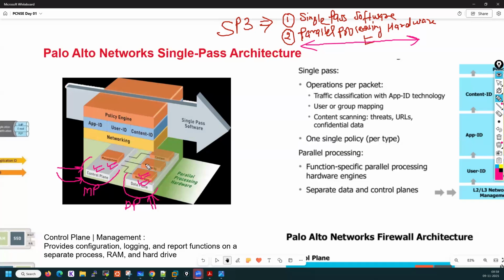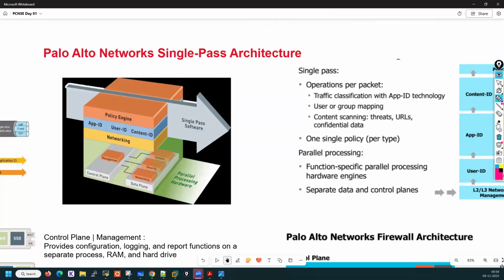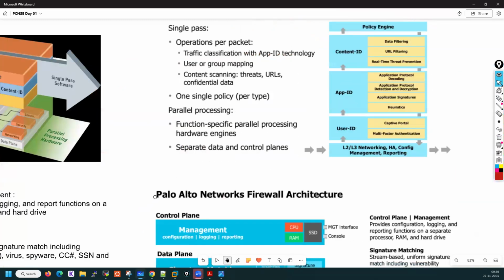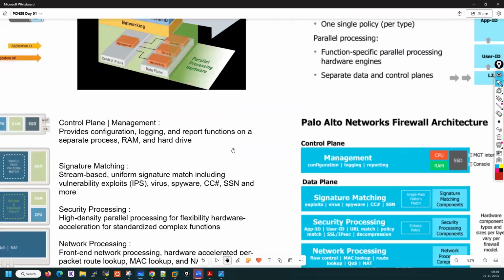Also, one more thing, this management plane has its own RAM and CPUs. Dedicated RAM and CPUs are available in this management plane. It does not have any type of dependency.